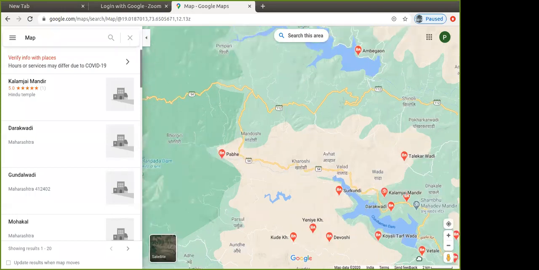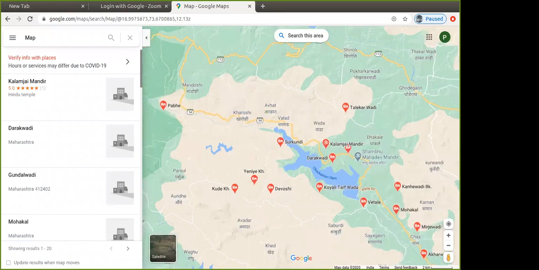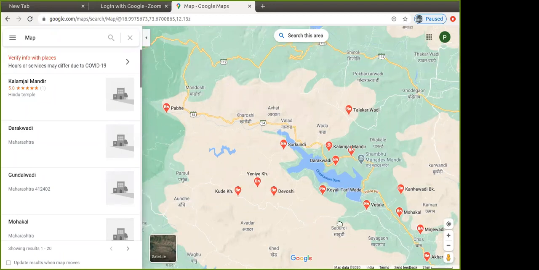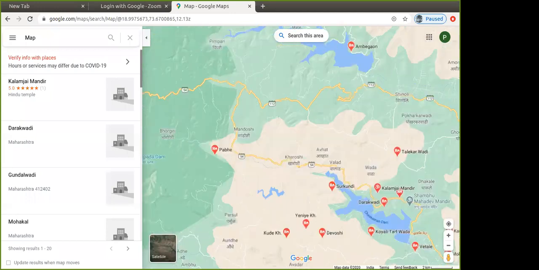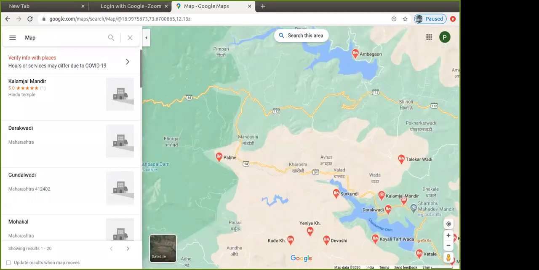Betale is here, Mohakal is here. This distance is 2 kilometers. Here, the difference is a little more than 2 kilometers. Are you able to see that?